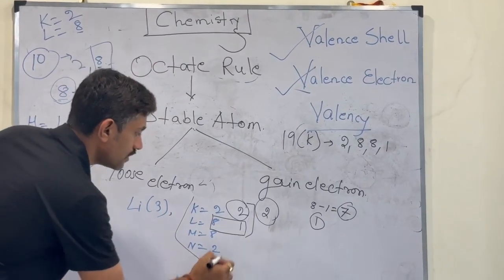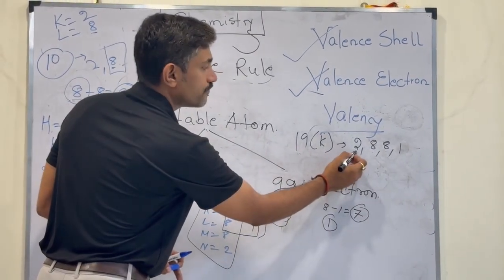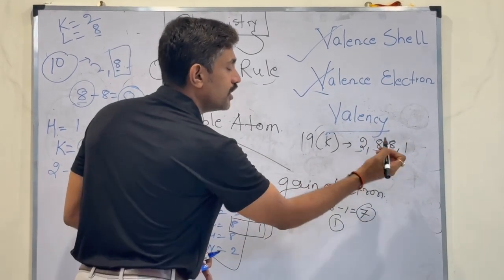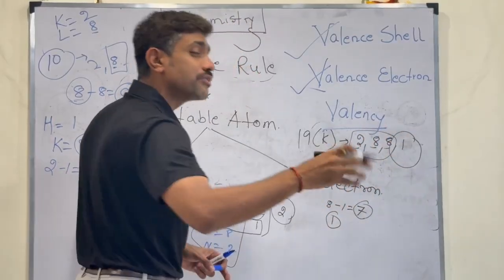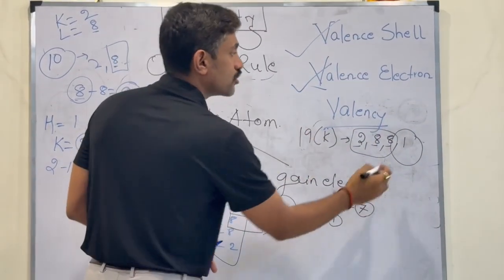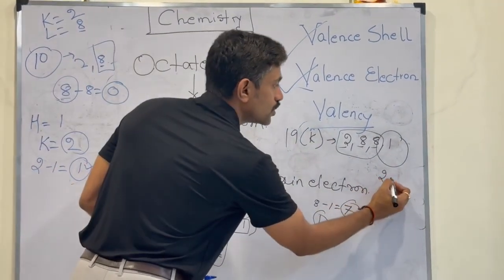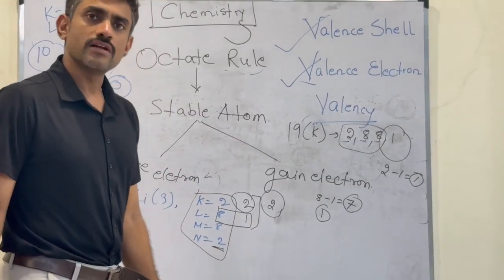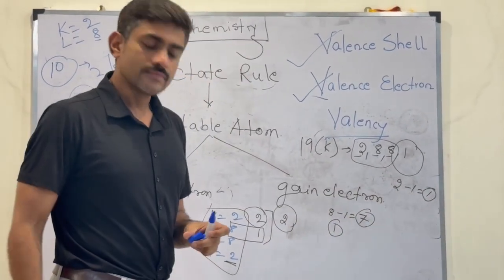Now this is a rule. The inner shells are fully filled, so we are not going to look at those. We look at the outermost shell, because valency is calculated based on the outermost shell. The outermost shell has 1, but it is supposed to have 2. So 2 minus 1 equals 1. Potassium's valency is 1.